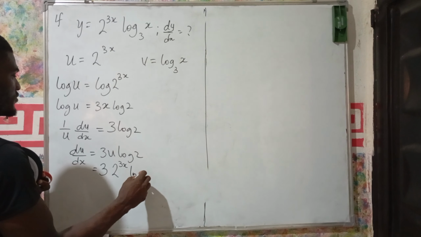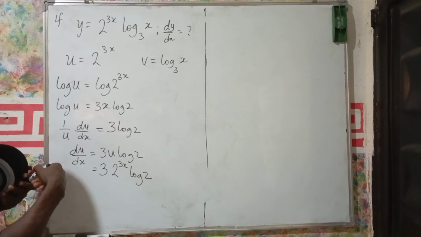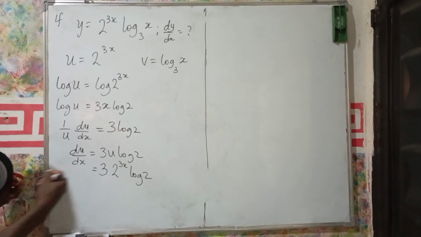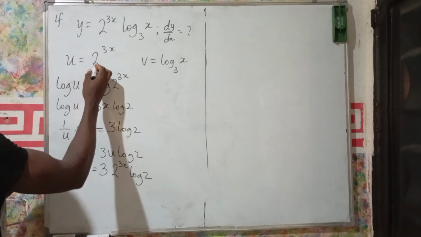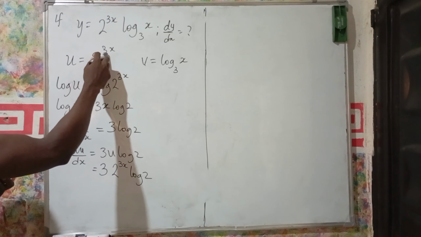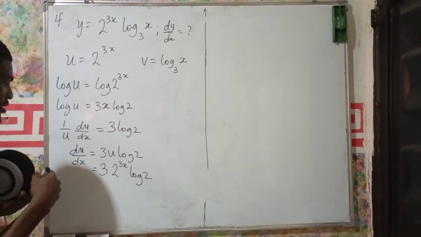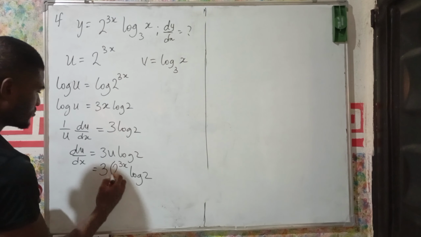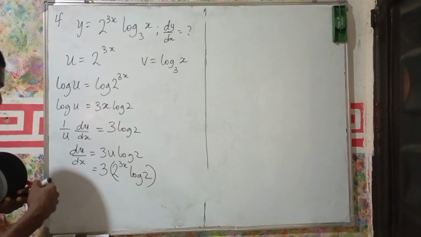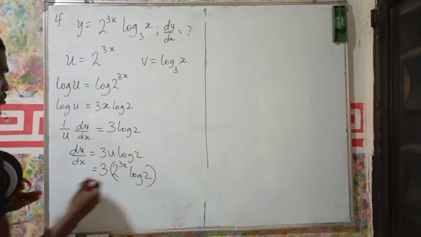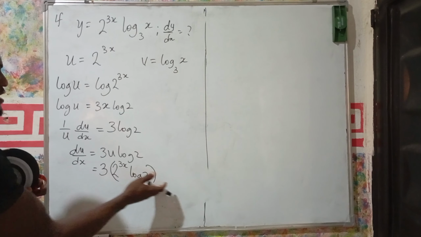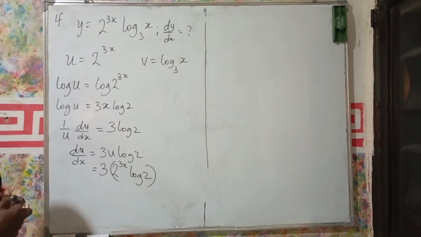We have to return everything to contain x, not u, so u equals 2 raised to the power of 3x. So we put that down. I'm going to write it this way to make it convenient, so it will not look like 32, but this is 3 multiplied to this value. So we are done with differentiating u.